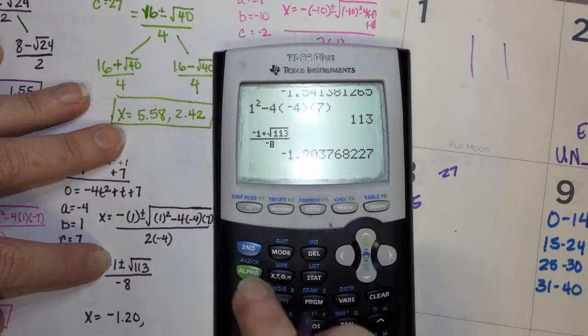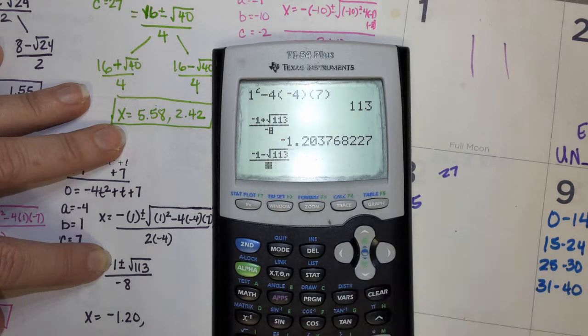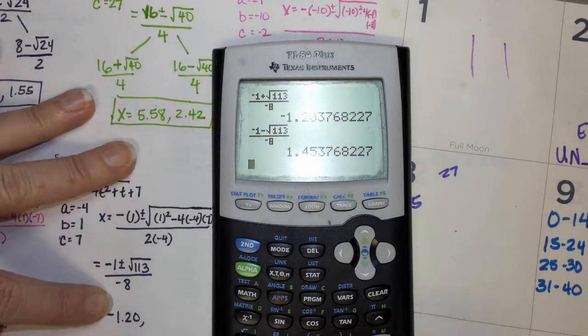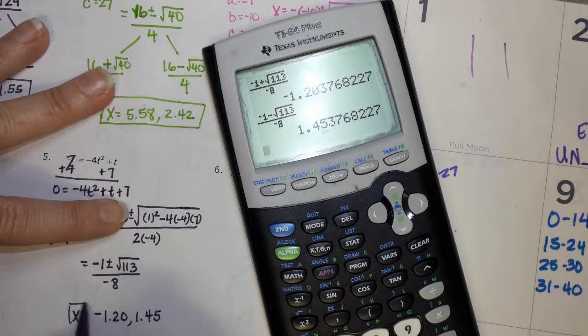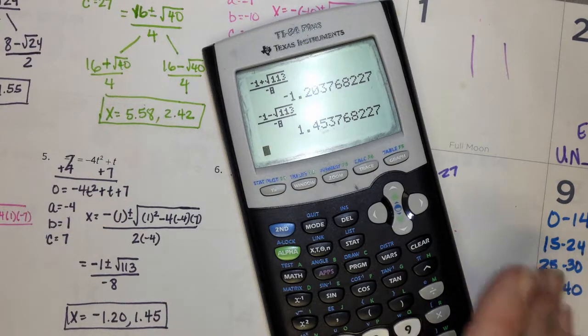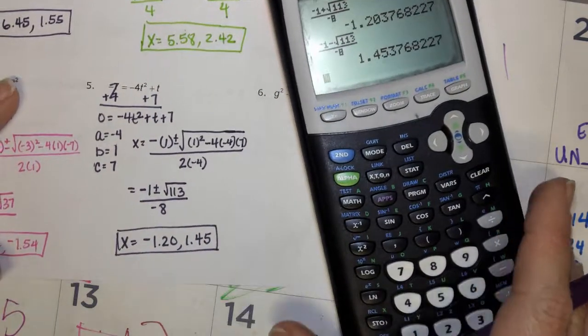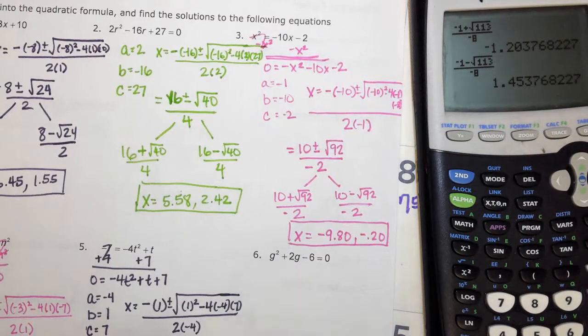Now doing the subtraction one, I have negative 1 minus the square root of 113, all divided by negative 8. And again, rounding to the nearest hundredth, I would have 1.45 as my other solution. Okay, and now the last one on the front side here.